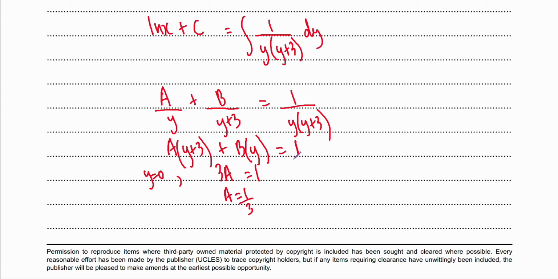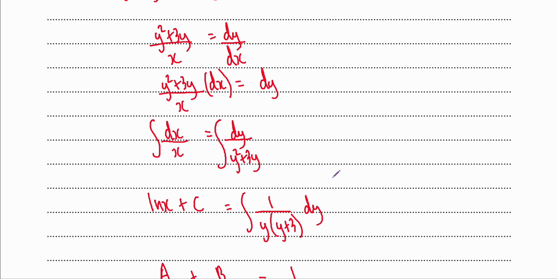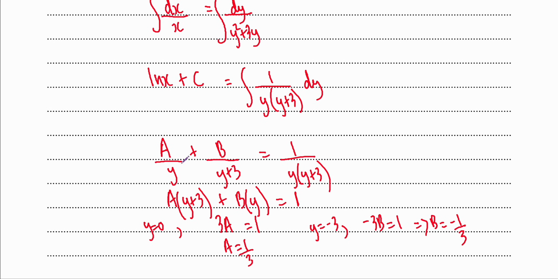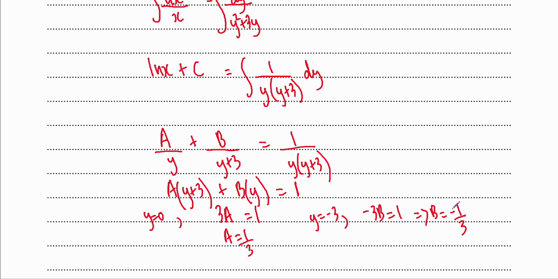Then when y is equal to negative 3, negative 3 plus 3 is 0, so that's gone, and you have negative 3b is equal to 1. So b is equal to negative 1 over 3. That means we're going to be integrating: ln x plus c is equal to the integral of a over y plus b over y plus 3, where a is 1 over 3 and b is negative 1 over 3.